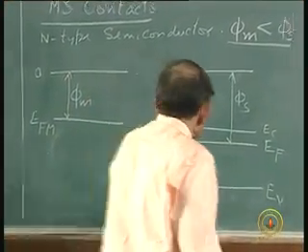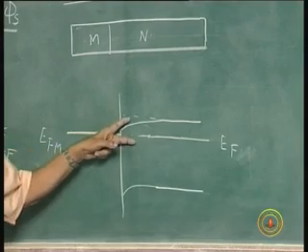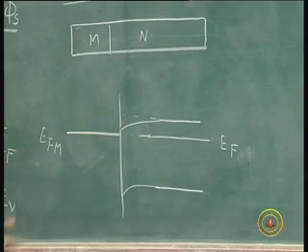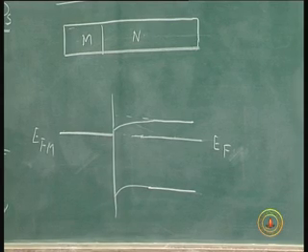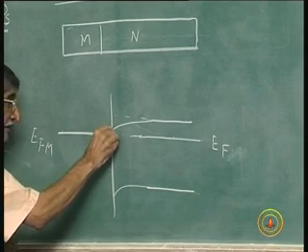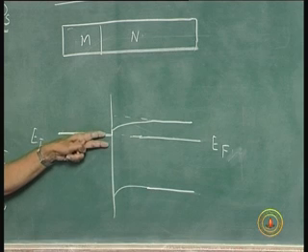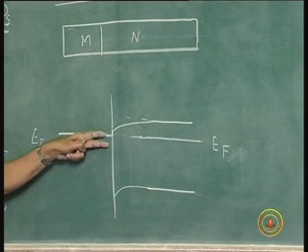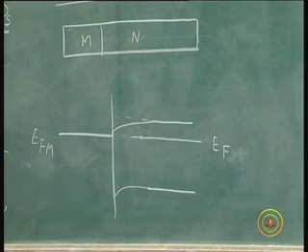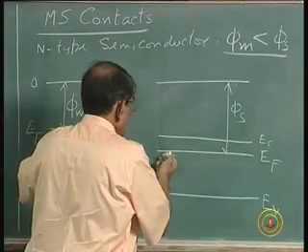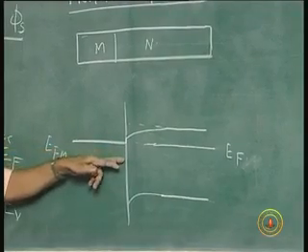Here there is a small built in potential, because this difference we are showing is small. Now, under this situation, what is phi b n? See, phi b n is very small. If the difference is more here, it can even become negative there.